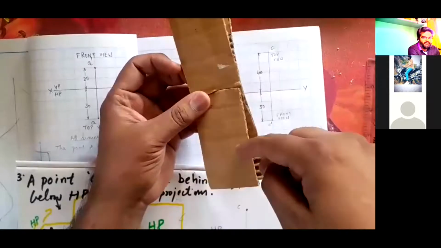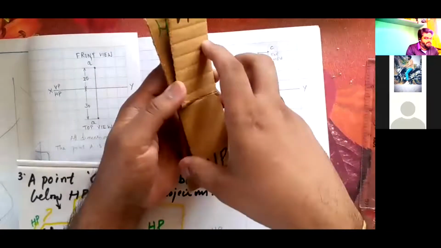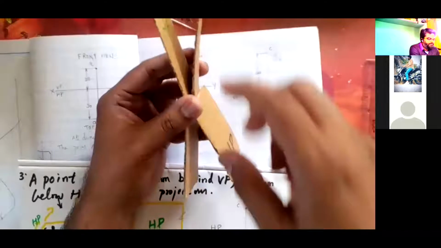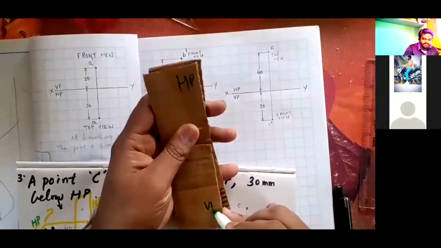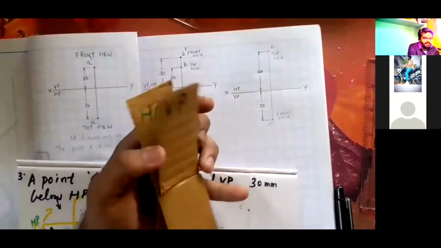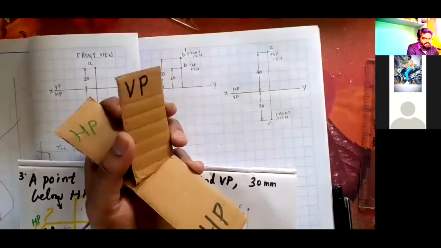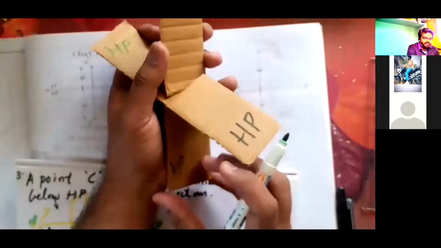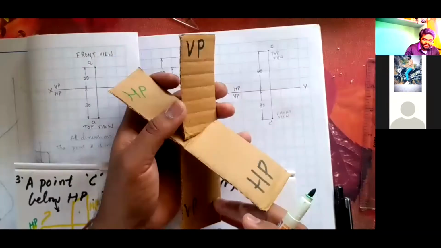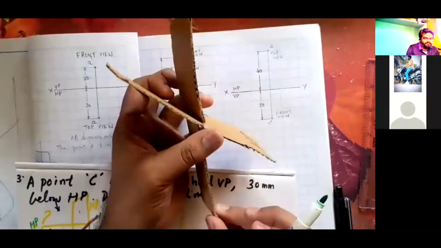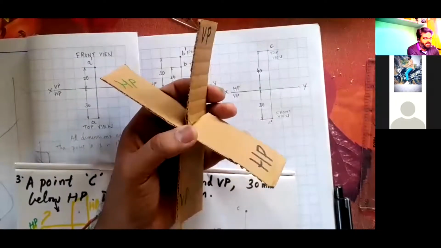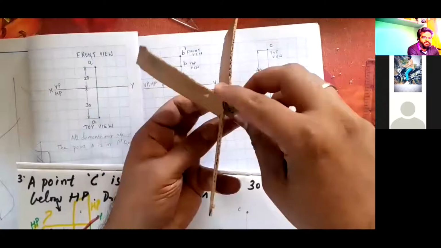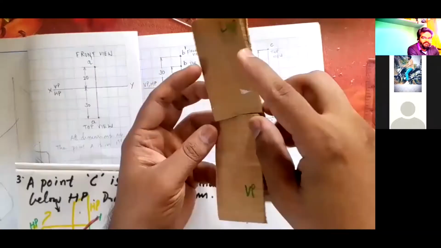In the third quadrant, remember, this is HP, VP. Same VP, I'm going to write here vertical plane, and horizontal plane is written here. In the third quadrant, when I rotate this, the horizontal plane will come above and the vertical plane will come below.